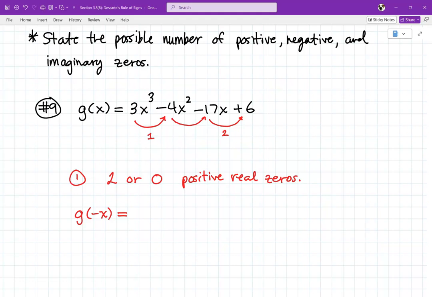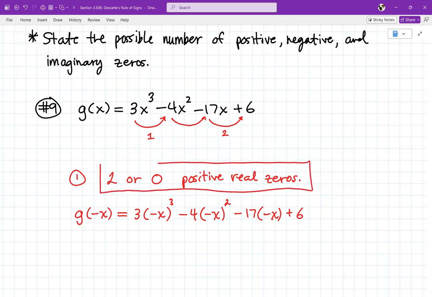This is what it looks like. 3 times negative x cubed minus 4 times negative x squared minus 17 times negative x plus 6. So I just plugged in a negative x into my original problem. Okay? Oh, which, by the way, let me put a box around this because that's going to be my answers for the positive reals. Okay?